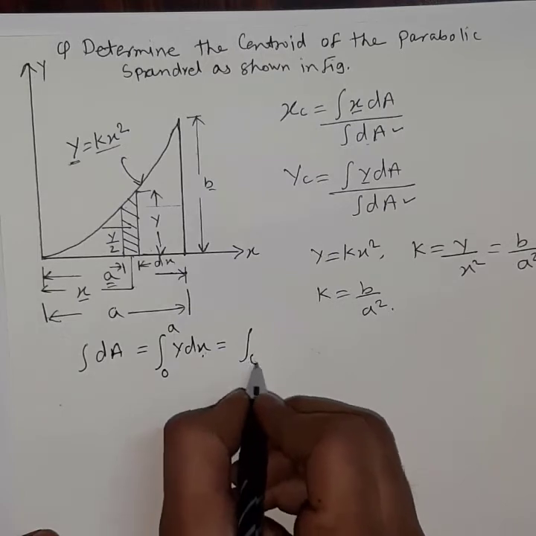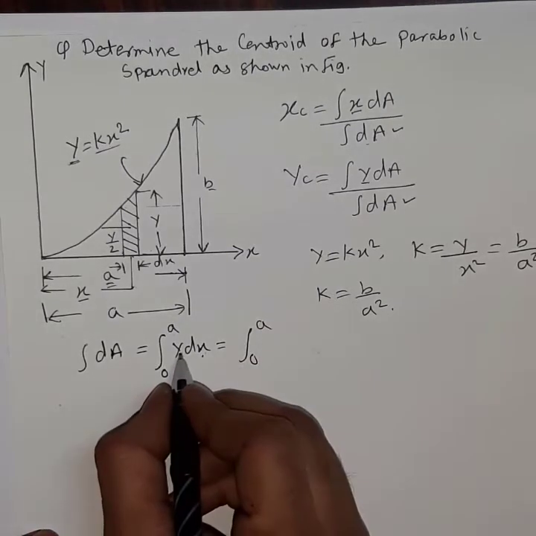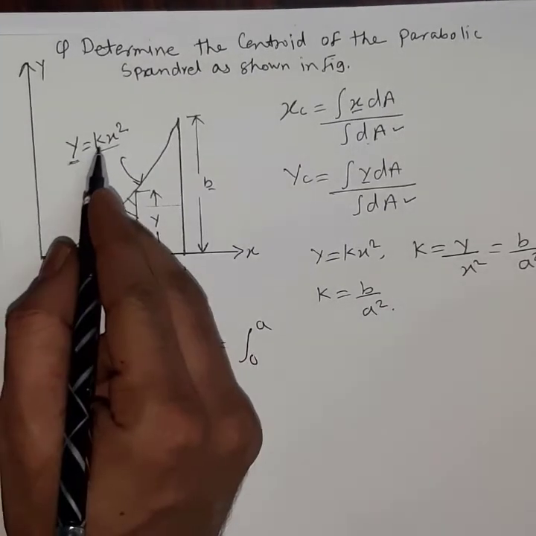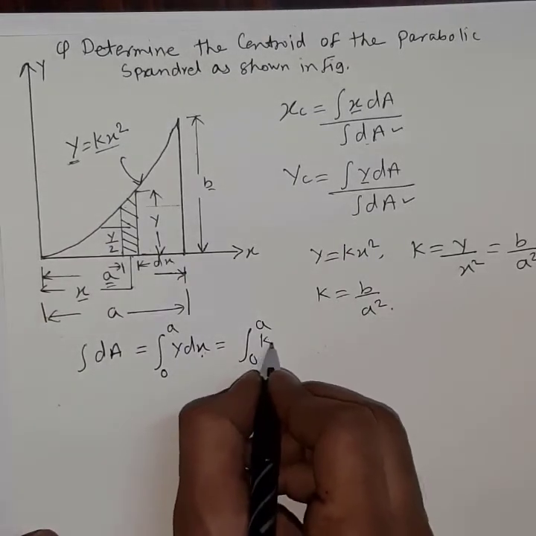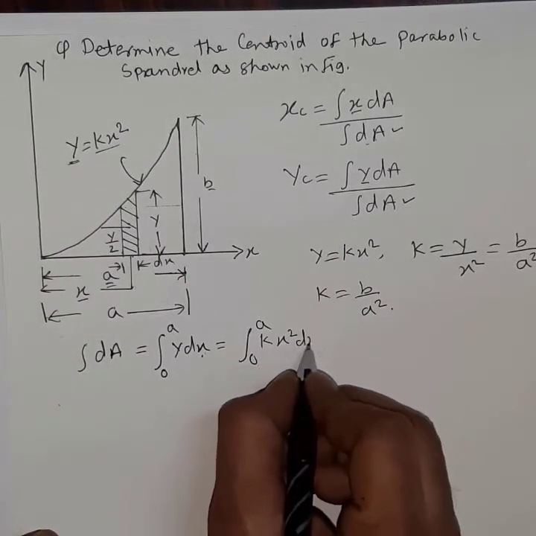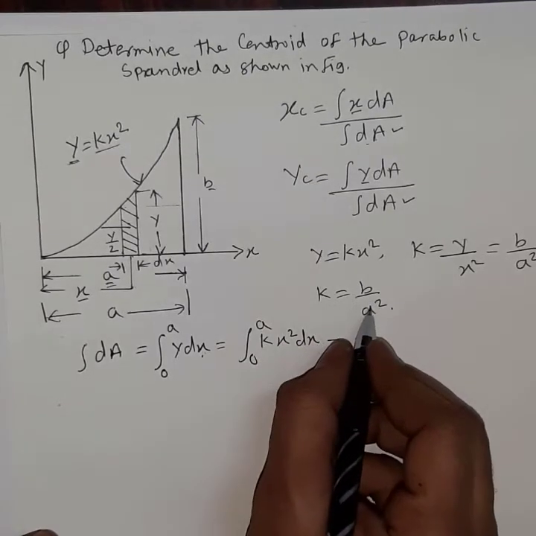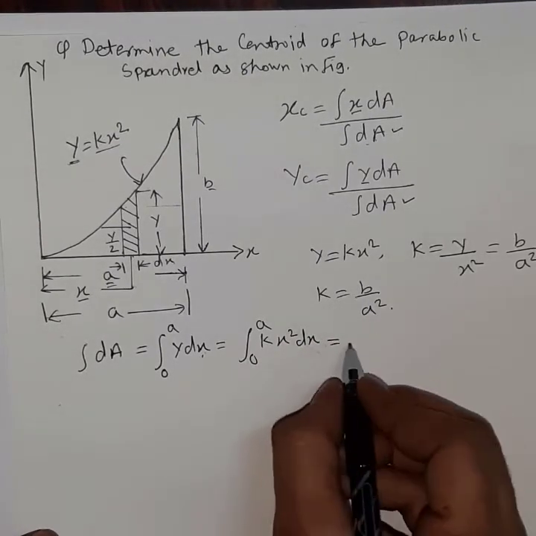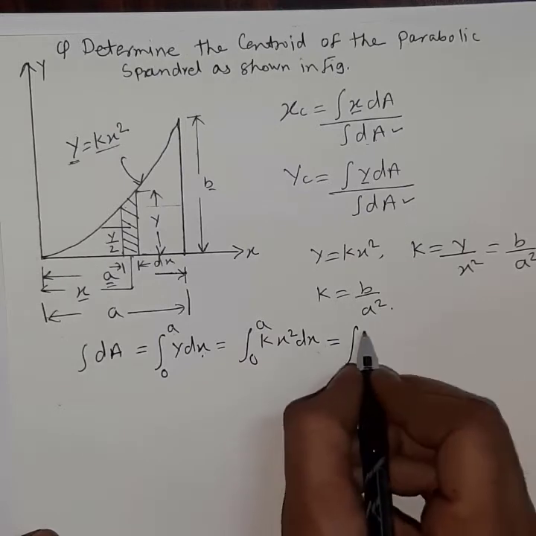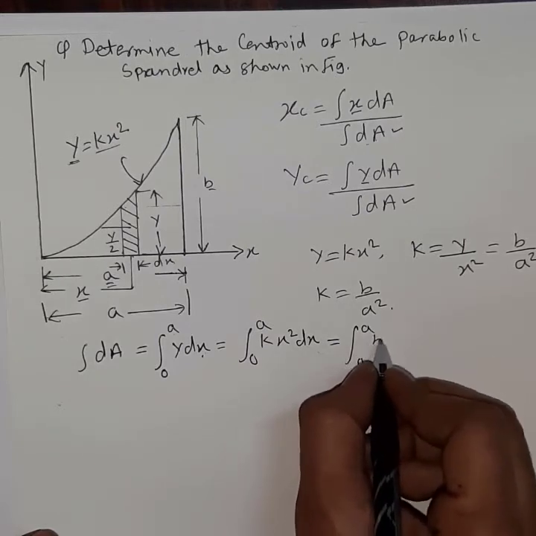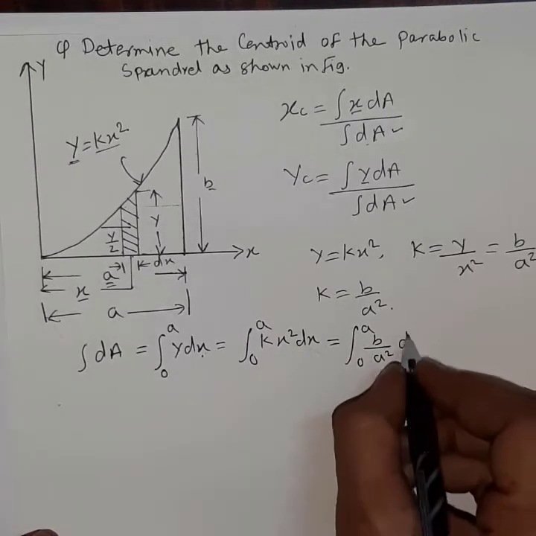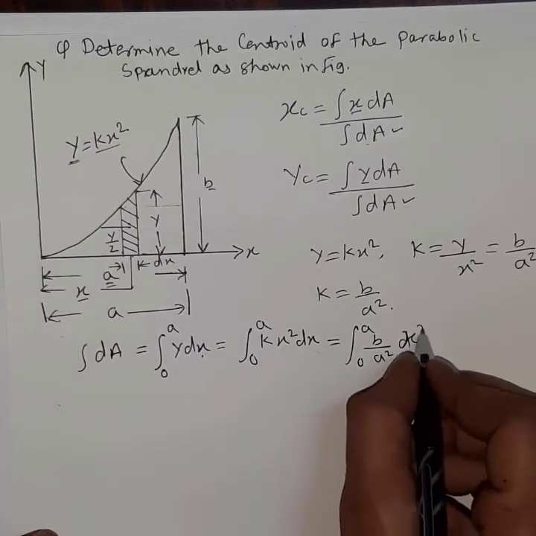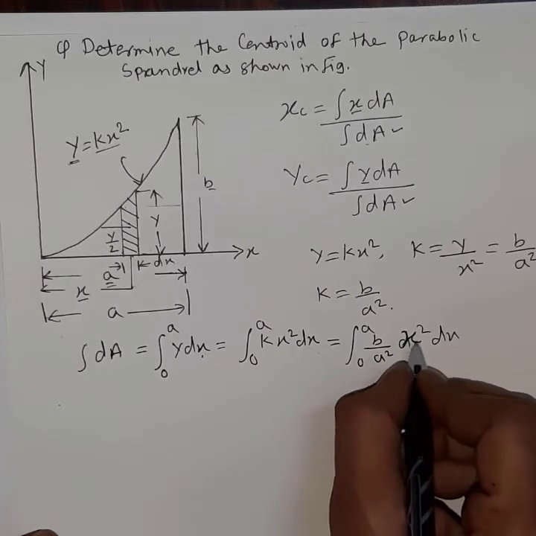So integration 0 to a of y dx, where y is k times x square, so k x square dx. Putting k as b divided by a square, that will be integration 0 to a of b divided by a square into x square dx.